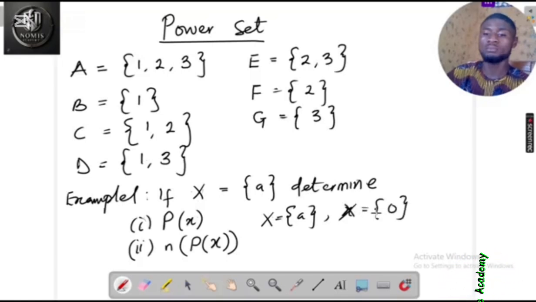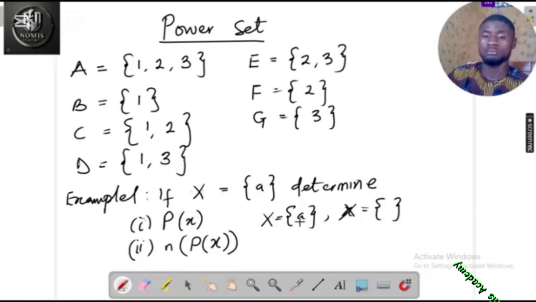Remember, a null set is a set that does not have any element. So these are the subsets of set X.